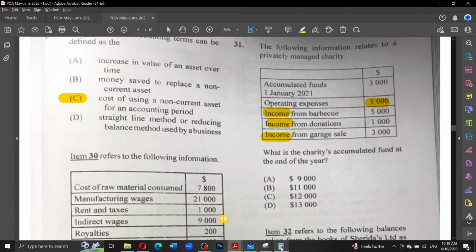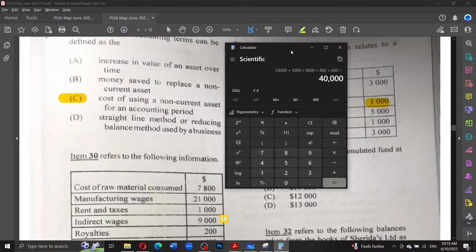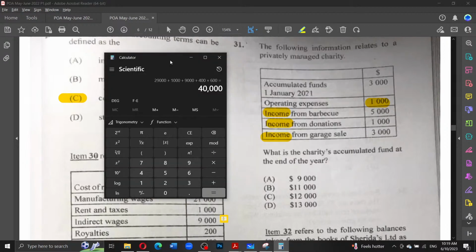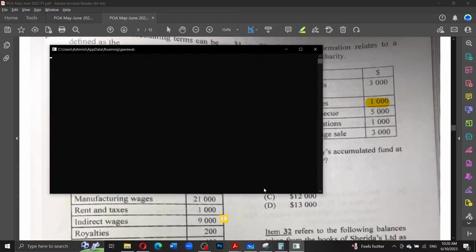Remember, you add all of the incomes and the opening balance, and then you subtract the expenses. So we have 5 and 1, 6 and 3, 9, 9 and 3, 12,000 in terms of revenue plus opening balance, 12,000 minus 1,000, and that is going to give you 11,000.